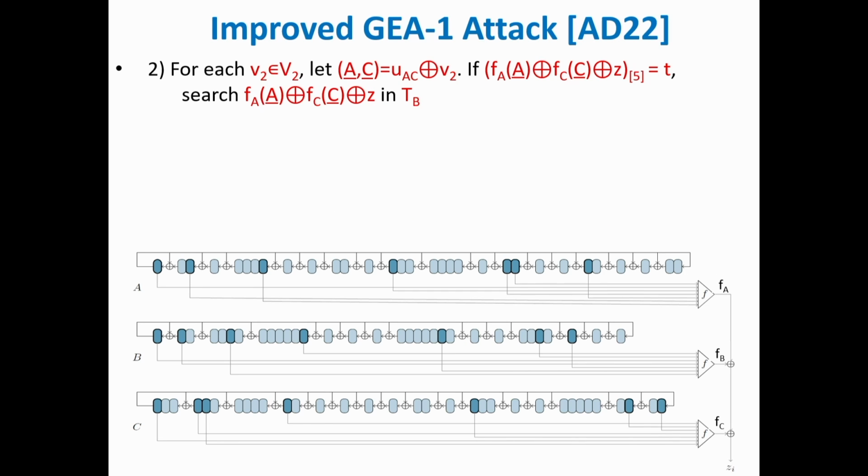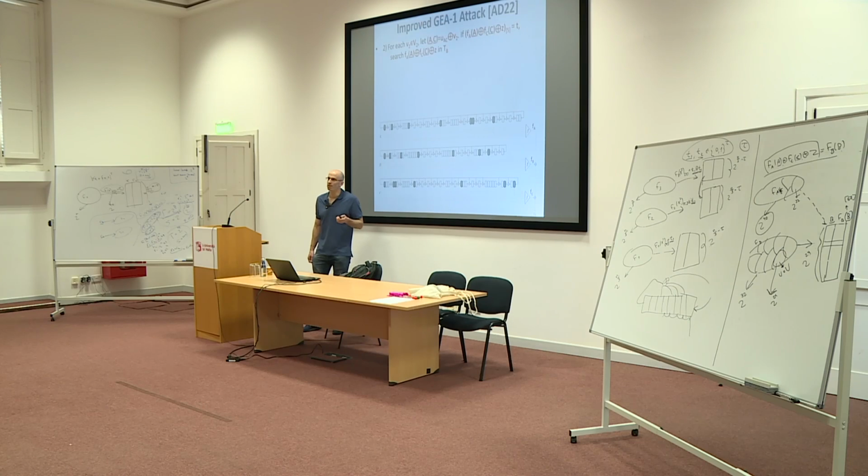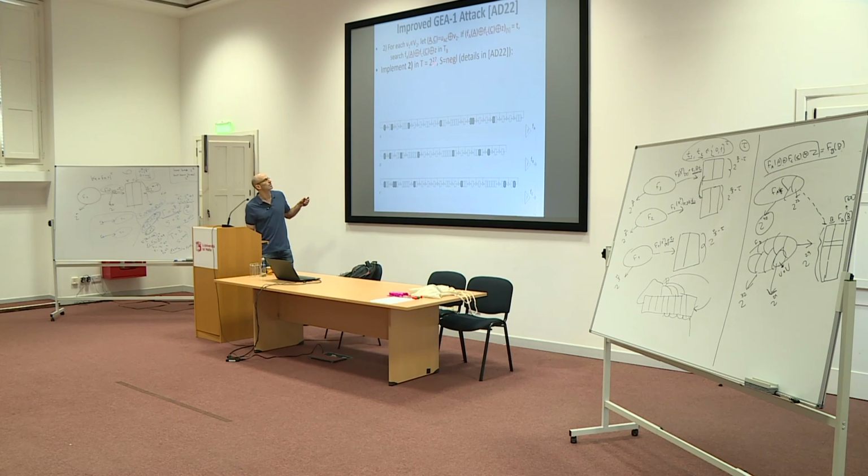But actually, yeah, it can be done. I'm not going to show you how exactly it can be done. This is a bit more technical and perhaps not fitting for this talk, but I'll give you the main idea. You can actually implement this step in time complexity 2^27 and really negligible memory.